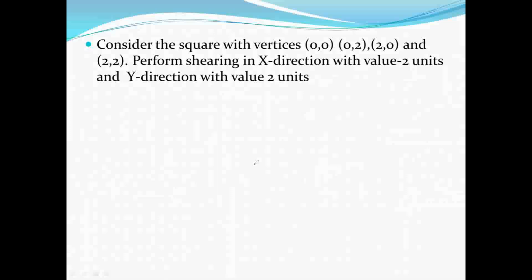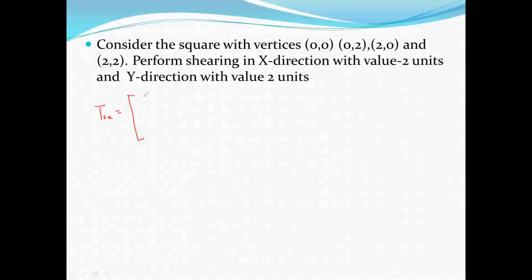Fine. If you want to perform the shearing with respect to x direction, then instead of Sx we will write T of Sx, the shearing transformation for the shearing with respect to x axis.